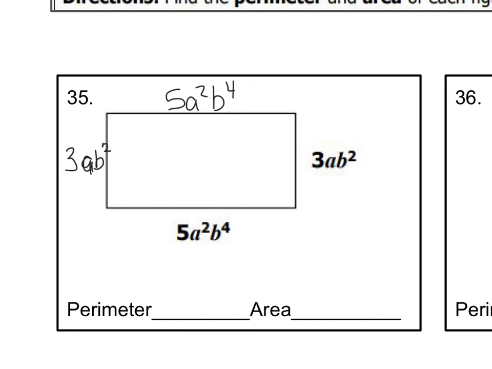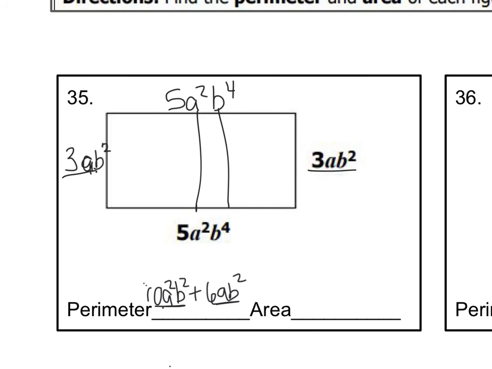These two have the same variable and exponent, so we have 10 of those. 10a squared b squared plus we have 6 of the ab squares. I'm adding all these up, so I'm not adding exponents. I can only combine ones that have the same variable and exponents.